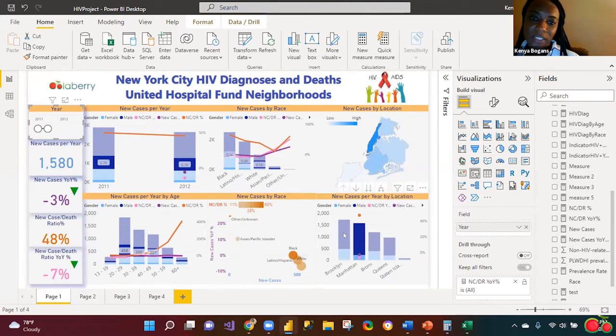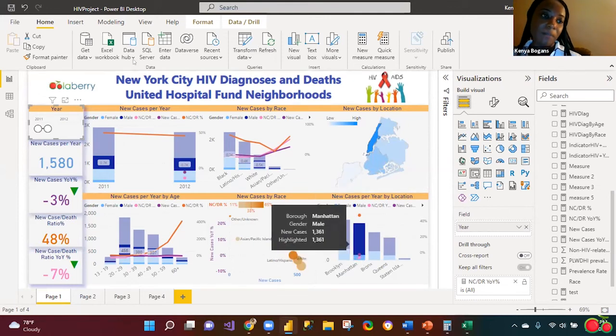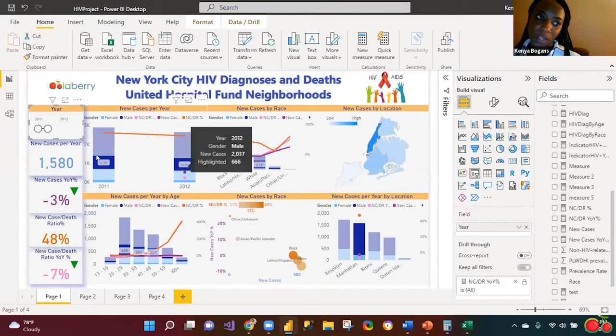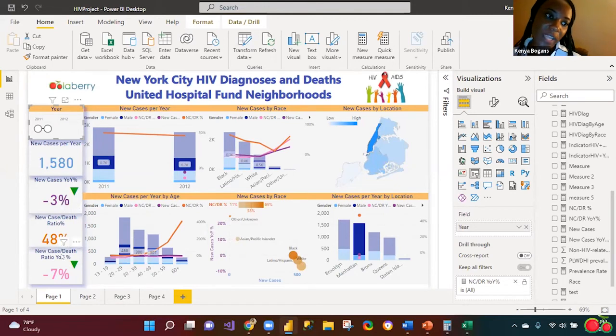This chart here just breaks down the data by borough. And we see that for Manhattan, the total is 1,580 when you look at male and female. We also look at our KPIs. The new cases year-over-year percentage decreased by 3% from 2011 through 2012. Our new case death ratio percentage was 48%, and our new case death ratio year-over-year percentage decreased by 7%.